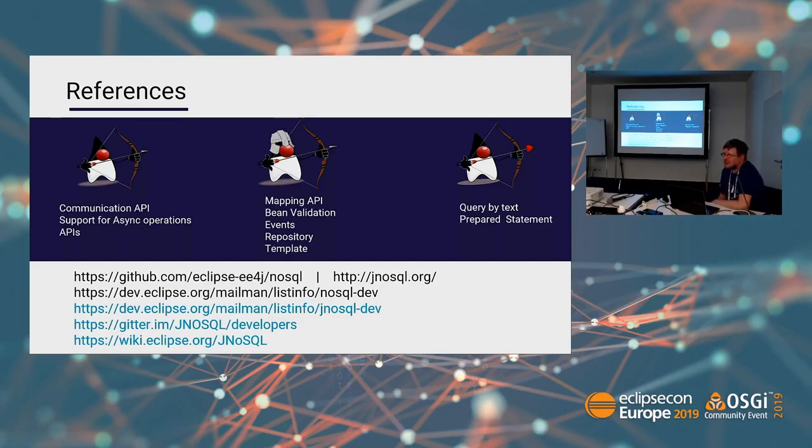So it's a shortcut that will also allow you to find all the necessary GitHub repos, including this demo. There are two mailing lists, which sound very similar, but the first one, the NoSQL, is for the NoSQL spec, and the second one, the NoSQL dev, is for the implementation. You can subscribe to both. There's also a Gitter chat, a forum, and an Eclipse wiki.